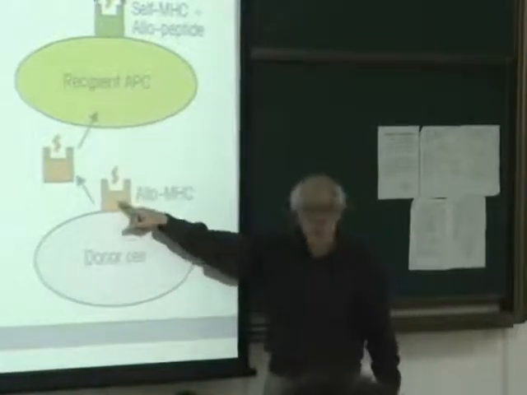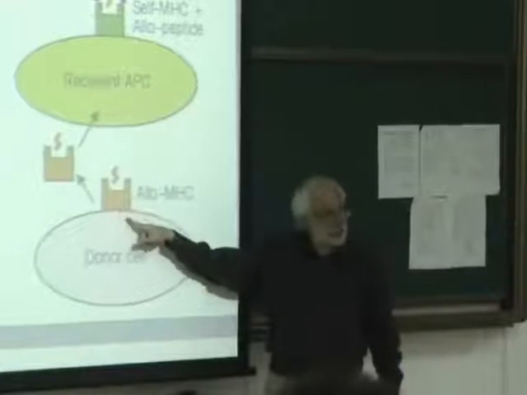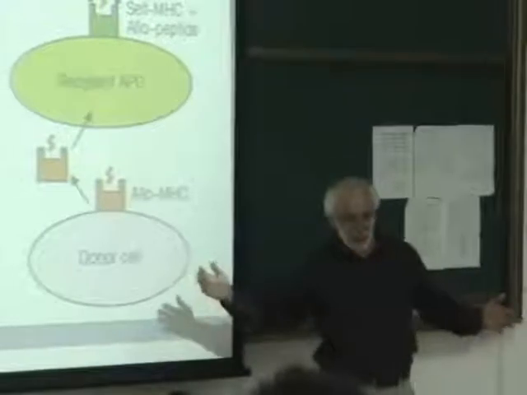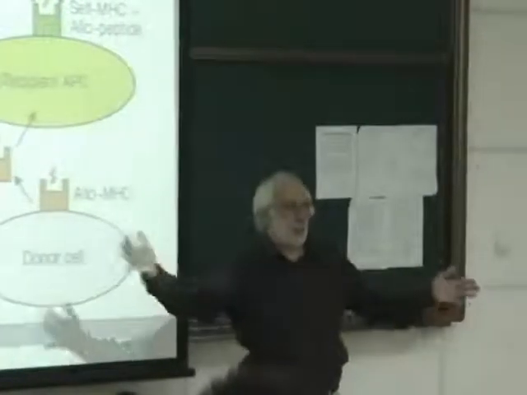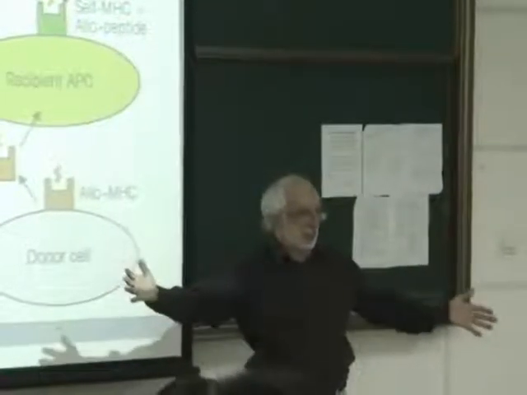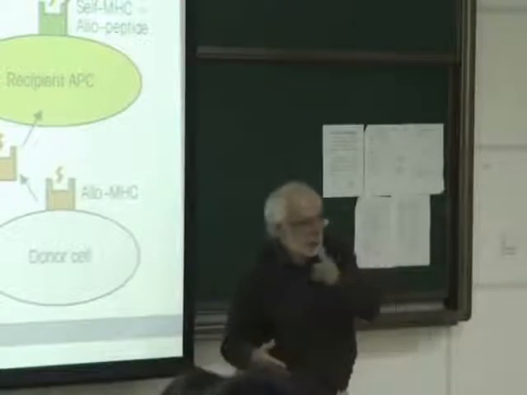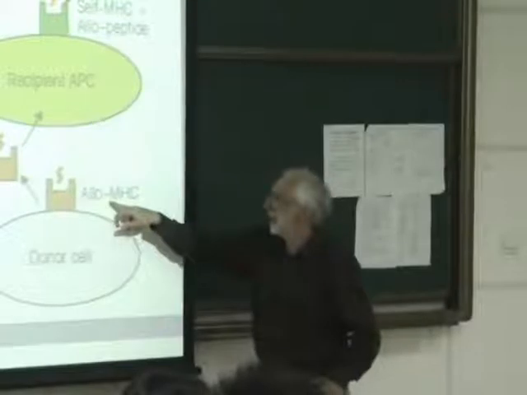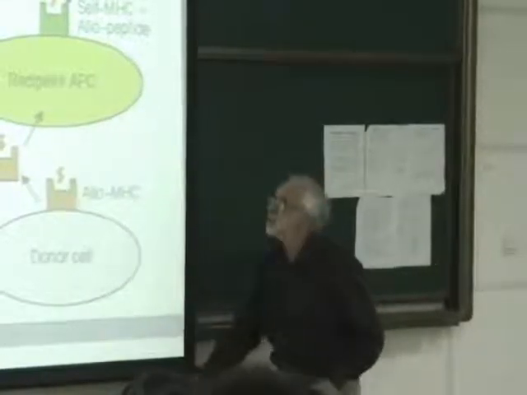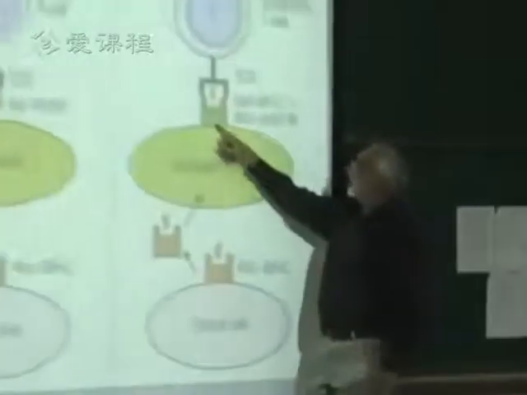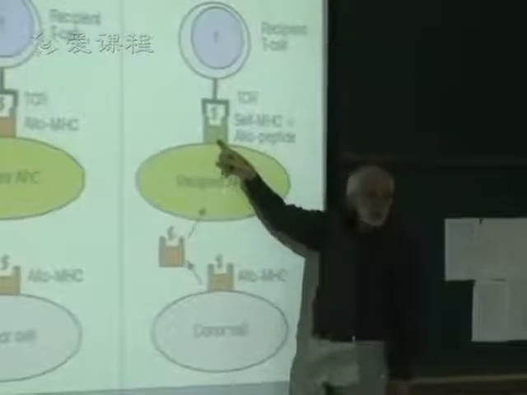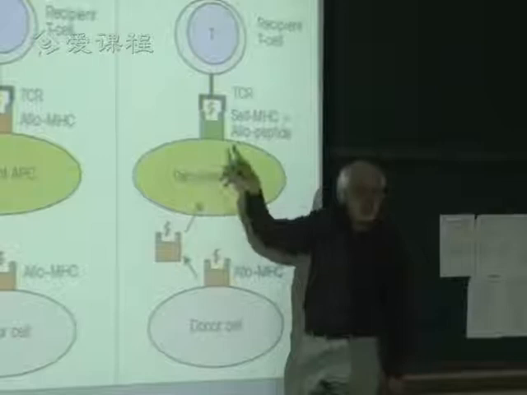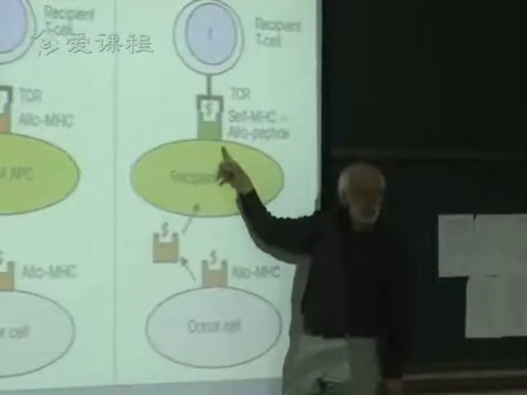So peptides that are part of the polypeptide sequence of the MHC, if you have MHC class 1, the heavy chain is 43 kilodaltons, for example. It's a large protein. That can get chopped up by proteases into short peptides. And those peptides that are derived from the allo-MHC can then be put together with the recipient's own MHC. So you see I've coloured this green rather than brown. Okay? So this is not donor MHC, this is recipient MHC.